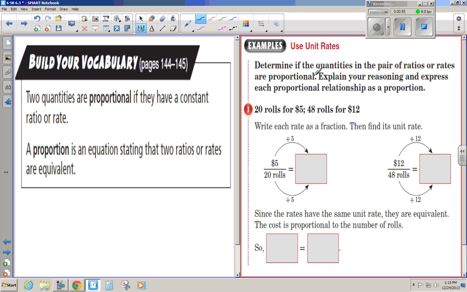So, determine if the quantities in the pair of ratios or rates are proportional. Explain your reasoning and express each proportional relationship as a proportion. So, 20 rolls for $5, 48 rolls for $12. What you're looking at here, write each rate as a fraction. So, 5 to 20.